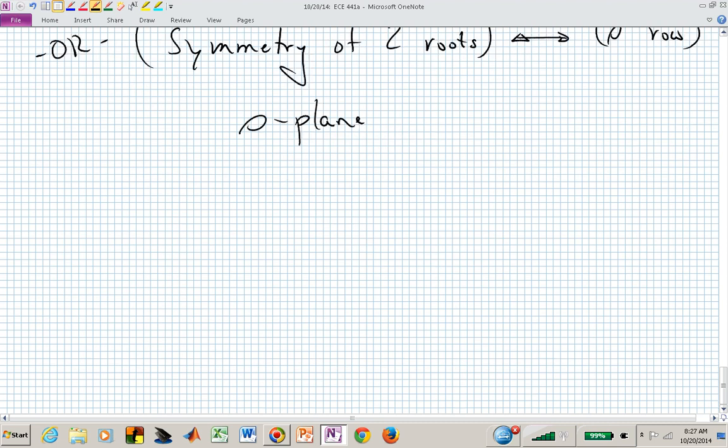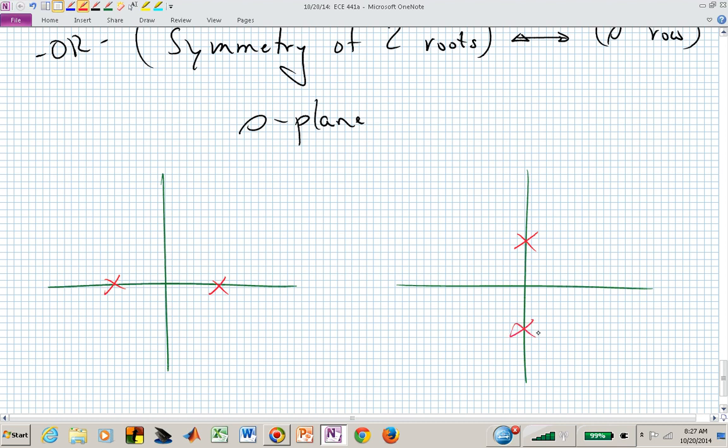In general, how could we have symmetry in the S-plane with 2 roots? We could have that, or we could have that. Those are symmetric with 2 roots. If we had 4 roots, we have all sorts of pretty pictures for symmetry, right?